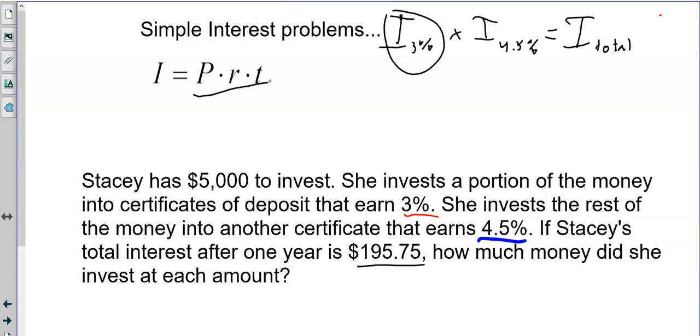I don't know. I'm going to define P as the principal for the 3% CD. Okay, so this is going to be P times the rate, which is 3%. Always write that as a decimal, times the time, which is 1 year.